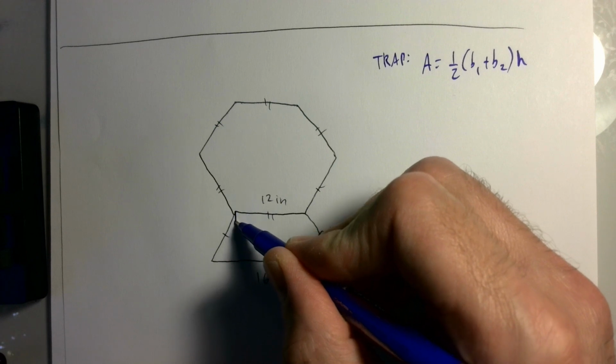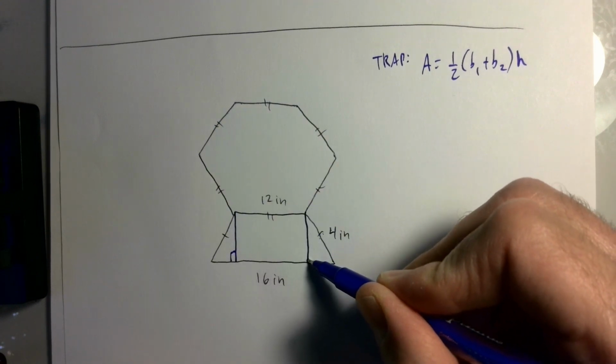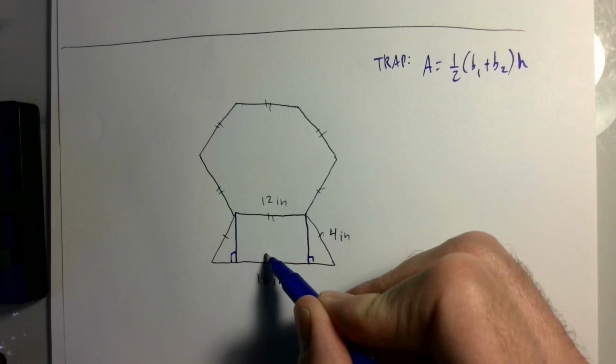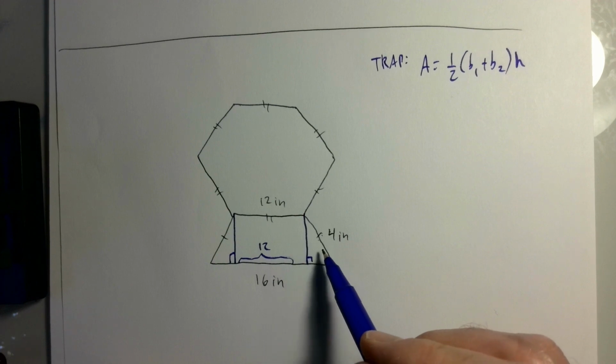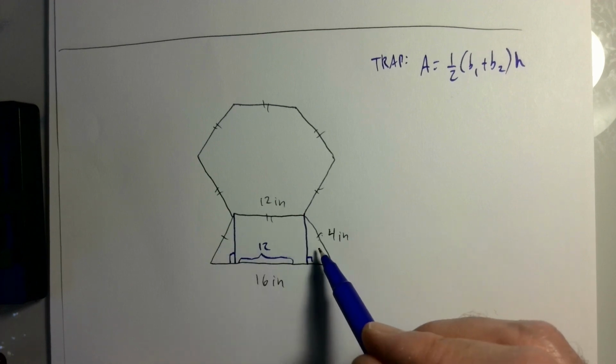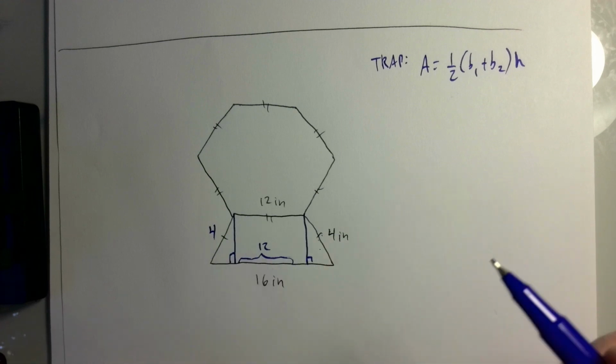So what I'm going to do is draw a perpendicular. If this is an isosceles trapezoid, this is going to be a rectangle in here. If this is an isosceles trapezoid, these two triangles are going to be the same, or they're congruent. So if that's 4, that's 4.